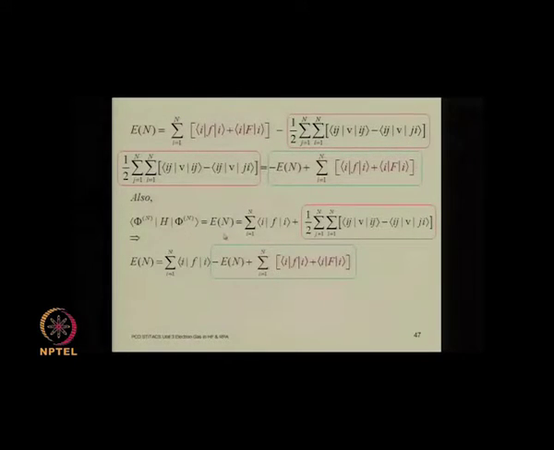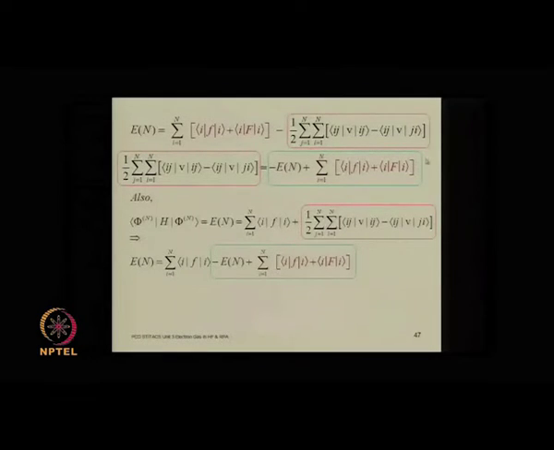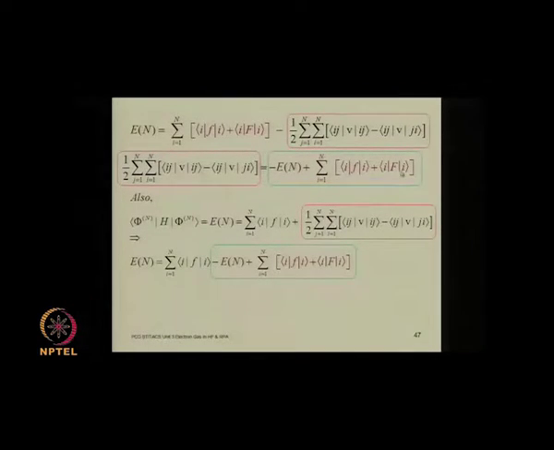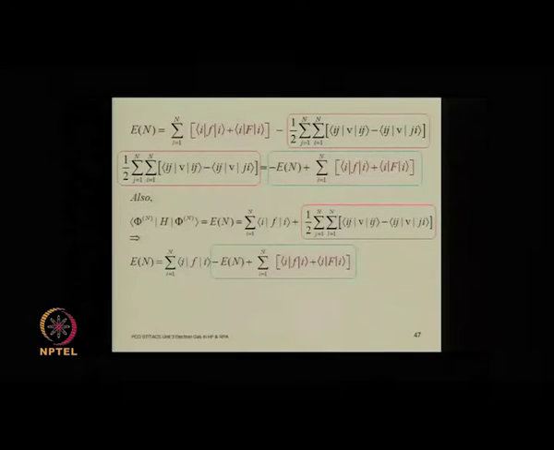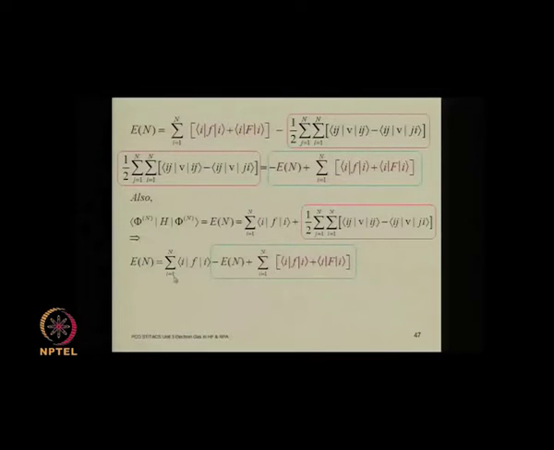So, the energy functional is equal to this term which is here plus this term in this red loop, but what is in this red loop is equal to what is in this blue loop here. So, whatever is in the red loop can be replaced by what is in the blue loop, because they are completely equivalent.